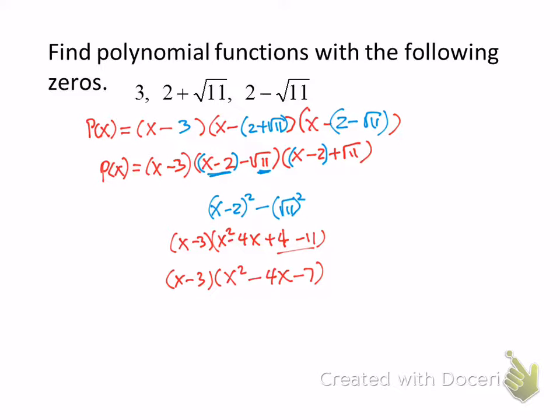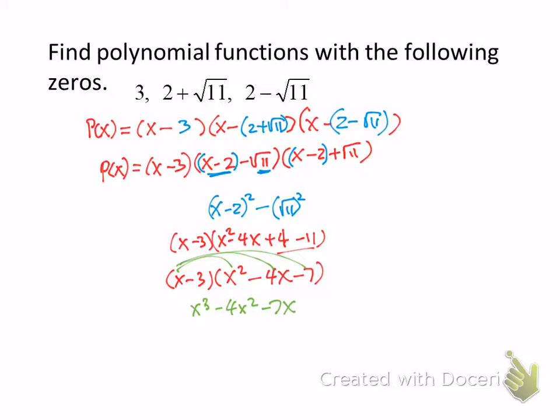And I'm going to finish distributing this out, okay? So when I distribute this out, I get x cubed minus 4x squared and minus 7x.